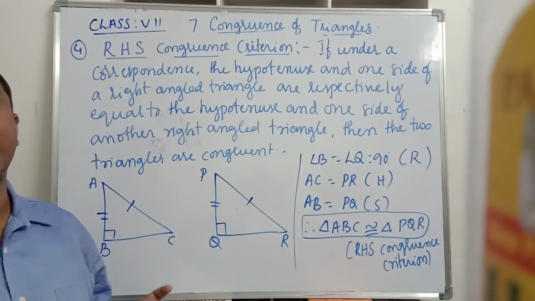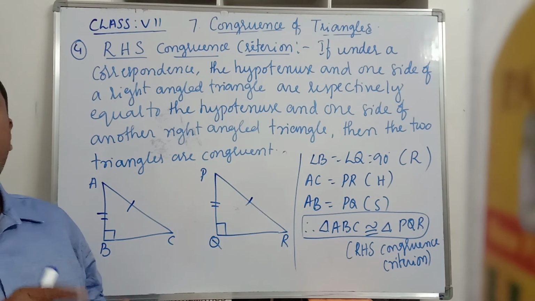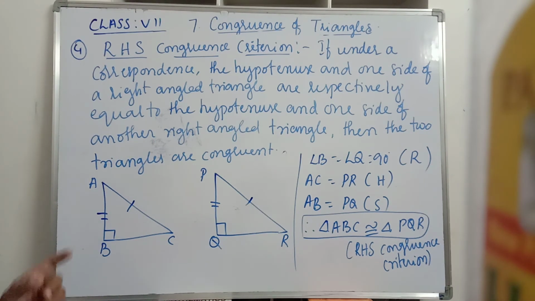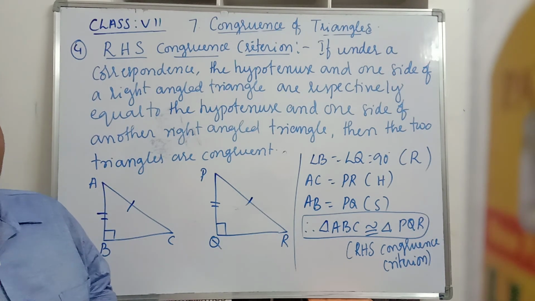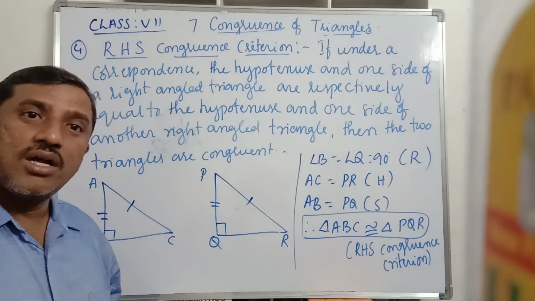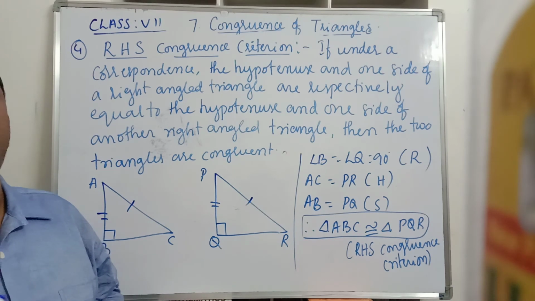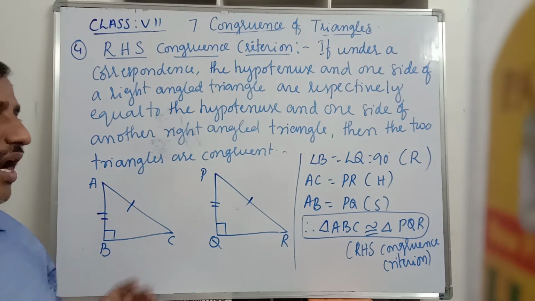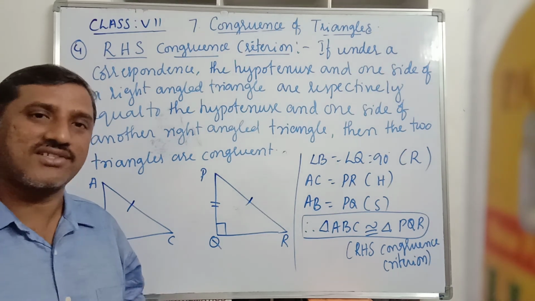The second one, SAS congruency criterion: if under a given correspondence two sides of one triangle and their included angle are equal to two corresponding sides and their included angle of another triangle, then the two triangles are congruent triangles.